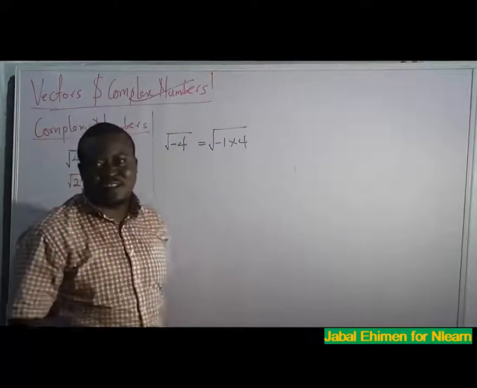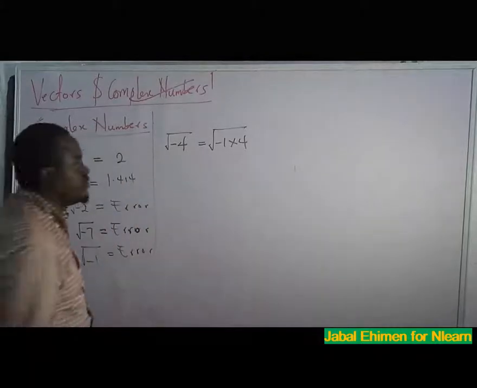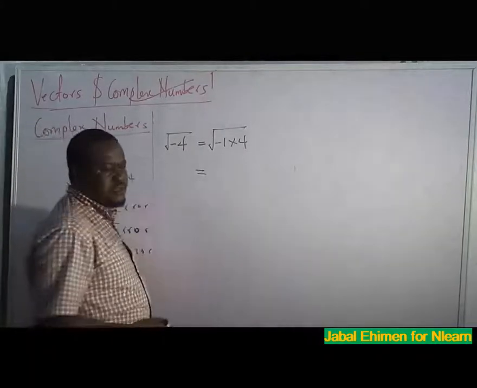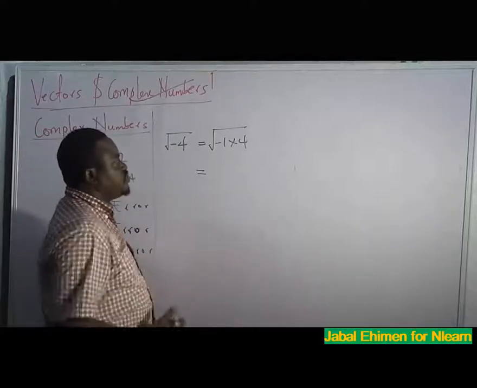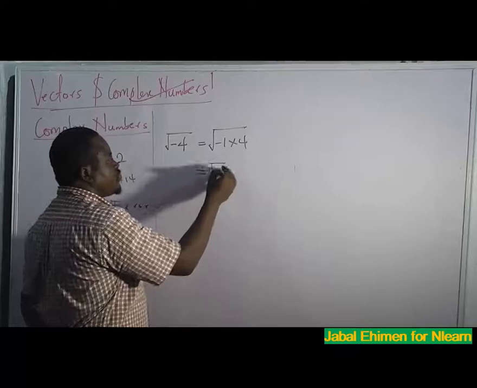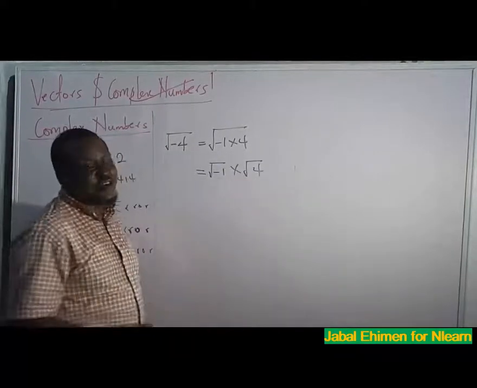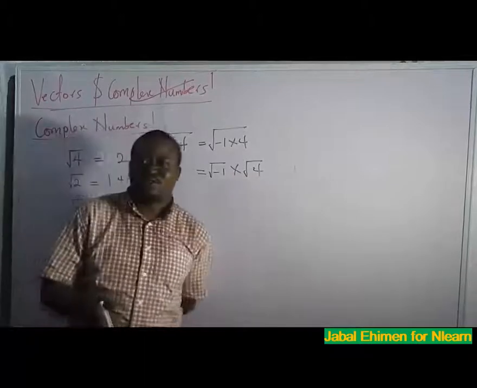I believe you understand that. Because -1 times 4 will still give us the same value. Maybe you change your mind, okay, let's make it root of -1 times root of 4. It will still give you this because of the basic principles.